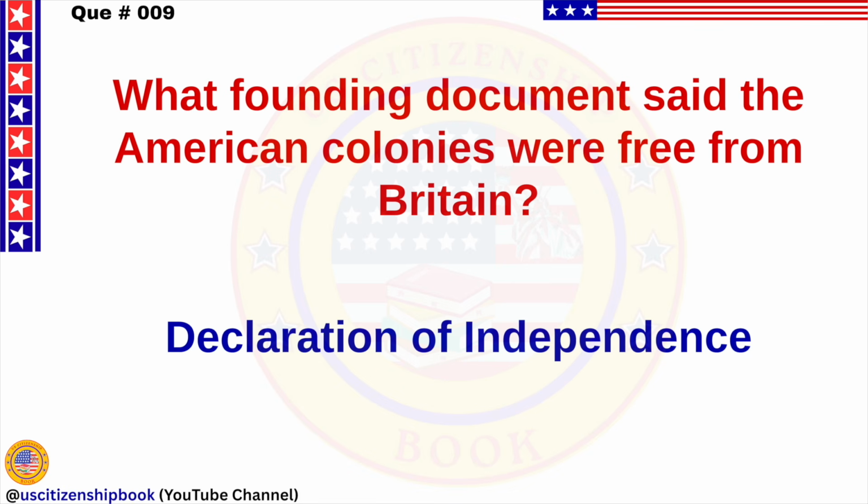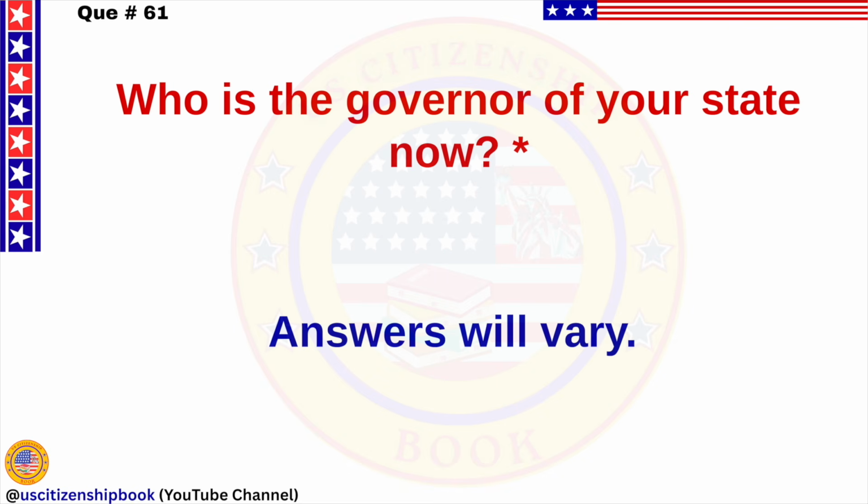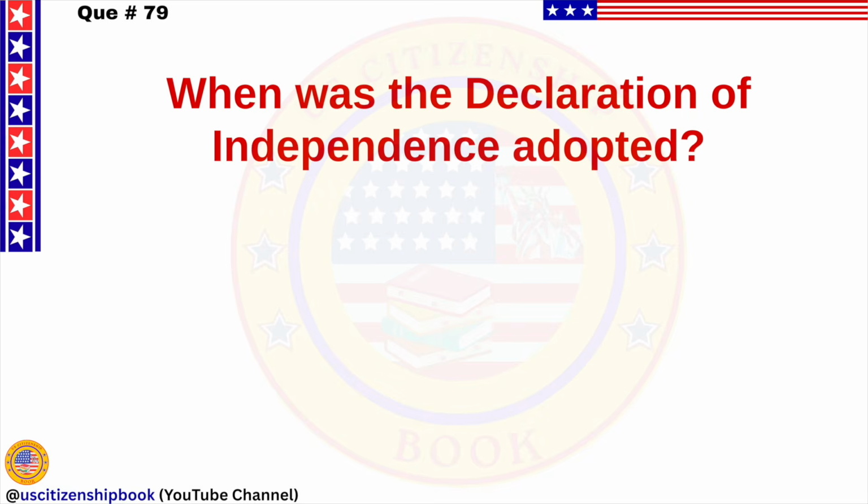Declaration of Independence. Who is the governor of your state now? Answers will vary. When was the Declaration of Independence adopted? July 4, 1776.